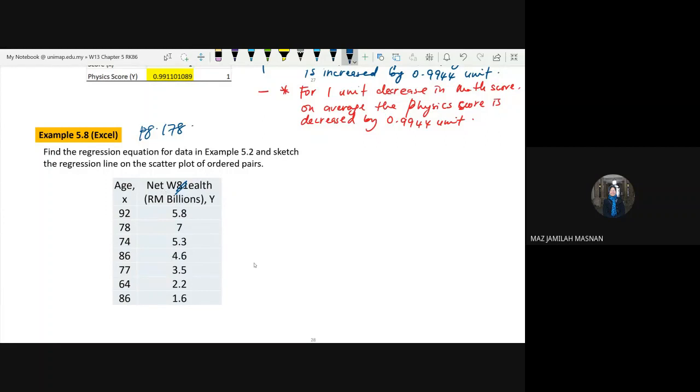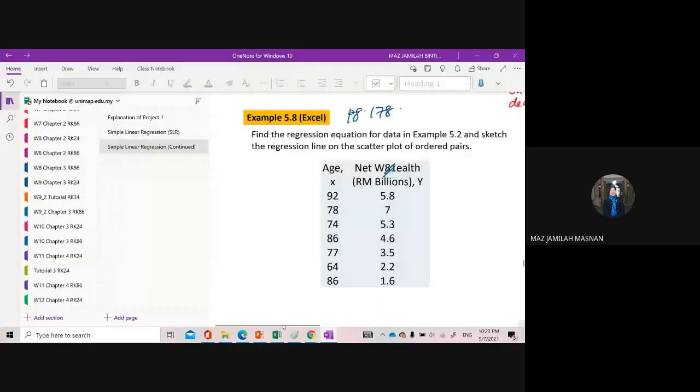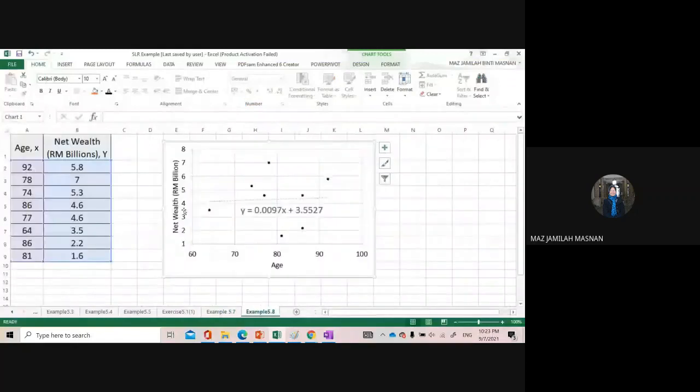So now let's look at how the plot of this particular equation looks like. Let's move to our Excel. So we have our age and net worth.